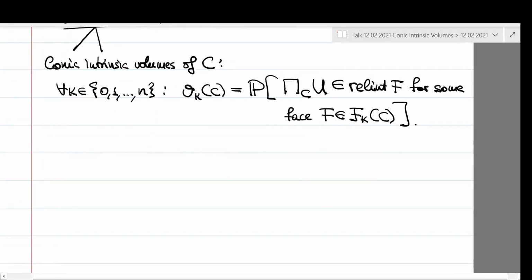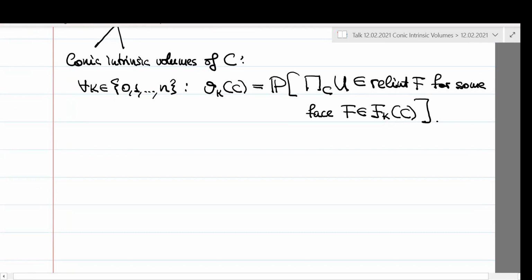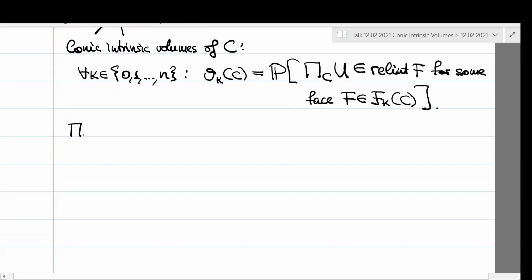First of all, we need to define some notions to make everything clear. So first of all, pi sub C is the metric projection onto the cone C.